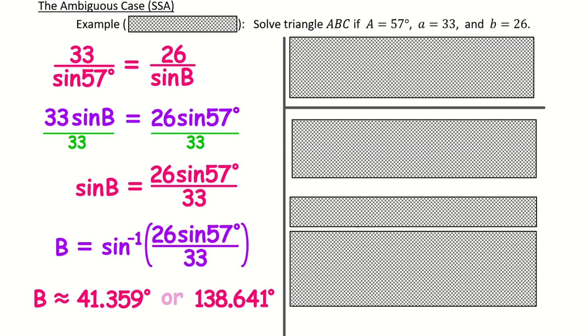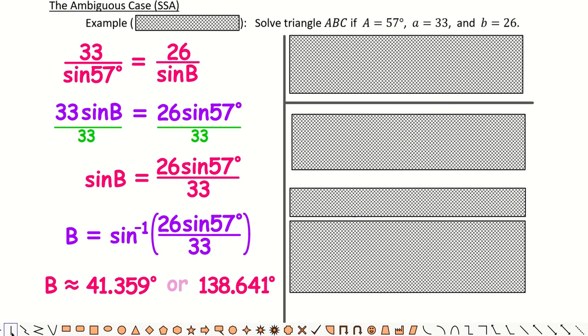Well, it's that. How do we get that? Where did that come from? I wonder if anyone can realize this on their own. How did I get this as the quadrant 2 answer?